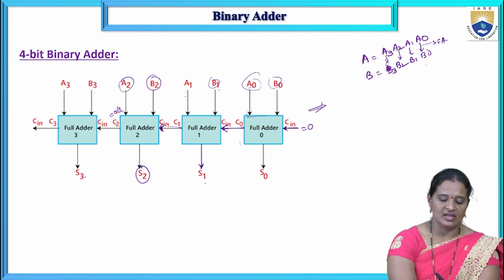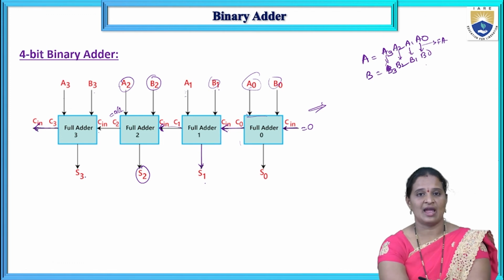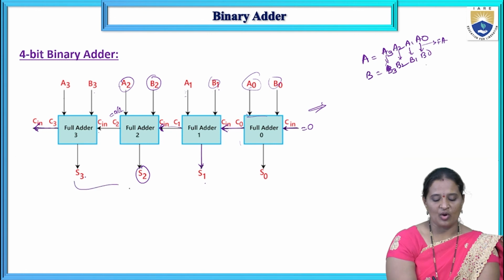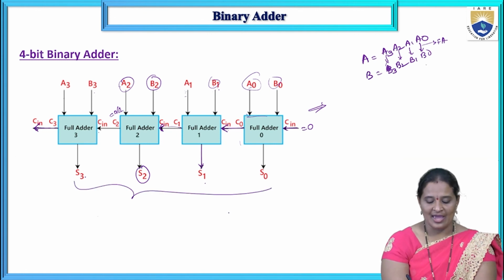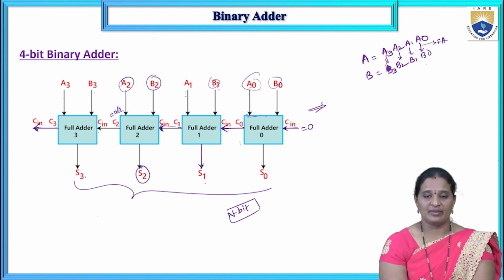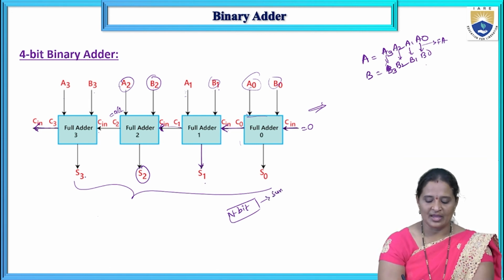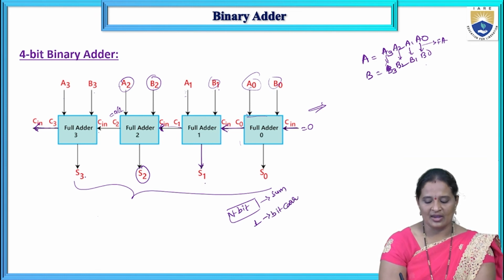Finally, the carry output is taken from the last full adder, which is the 1-bit carry output, and from all the full adders we can take the n-bit sum. So whenever you are performing the addition of 2 numbers of n bits each, it produces an n-bit sum as well as a 1-bit carry output.